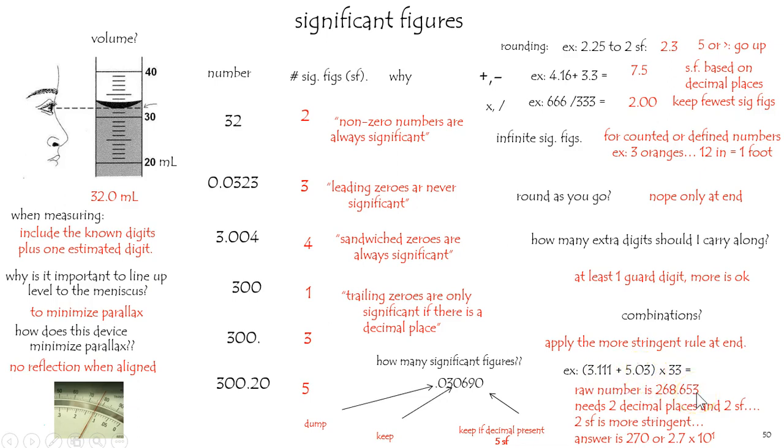We'd only drop the 3. But using the 2 significant figures, which we must when we're multiplying, changes it enormously. We can't even use 268. We have to use 270 without the decimal place, or 2.7 times 10 to the first. So that's the more stringent application. That's what we got to use. That's what limits the precision, so it makes sense to me. And the answer would be 270, or 2.7 times 10 to the 1. That is significant figures.